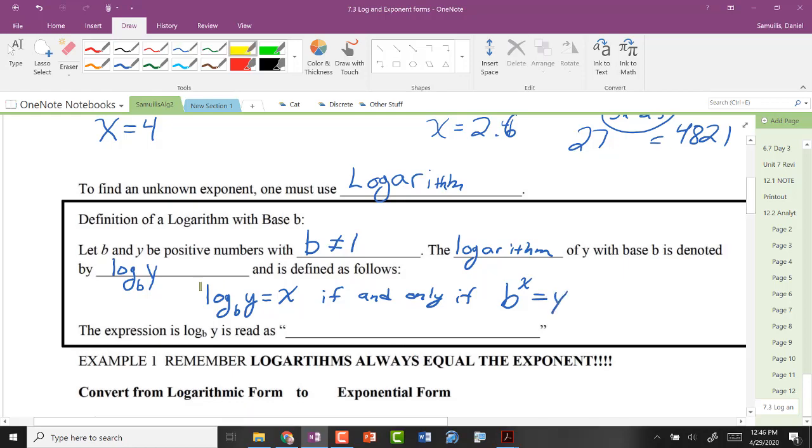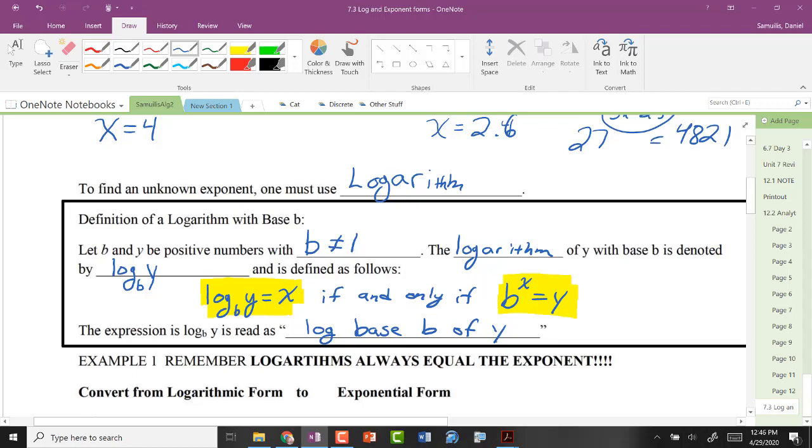This is the logarithmic form of this exponential form, so they equal each other. The way I read this: the expression log base b of y is read as log base b of y.